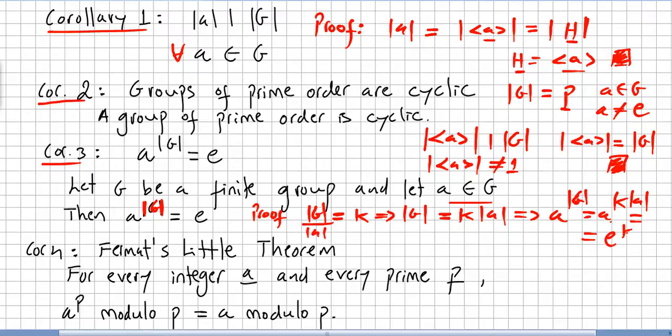That's the identity, right? To the power of K. What is the identity to the power of K? That's the identity. So A to the power of the order of G will be equal to the identity, and that proves the theorem. The theorem, not the corollary, right? That A to the power of the order of G equals the identity.